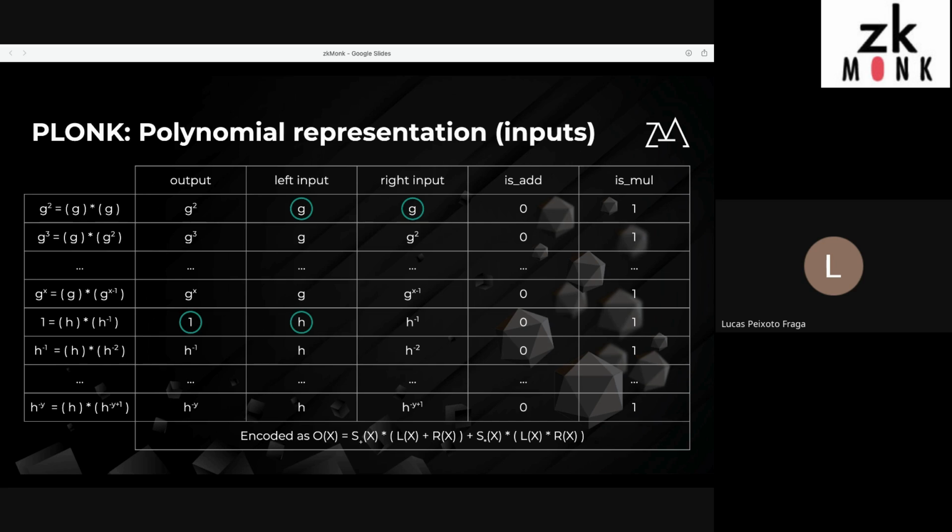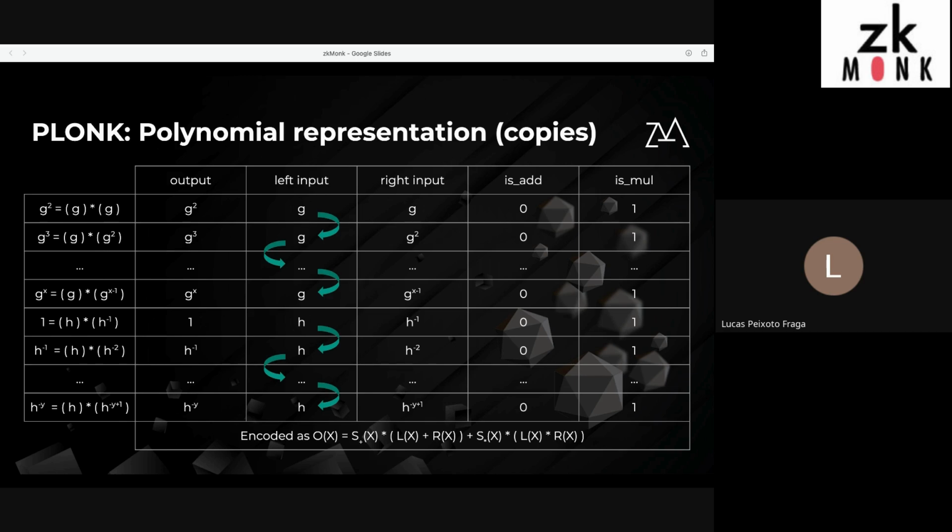We should also verify that copies were made properly. So we can create copy constraints that will be compiled to polynomials. Okay, the input constraints are compiled to polynomials as well.